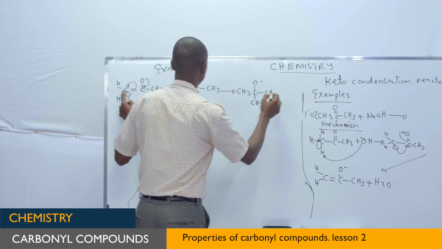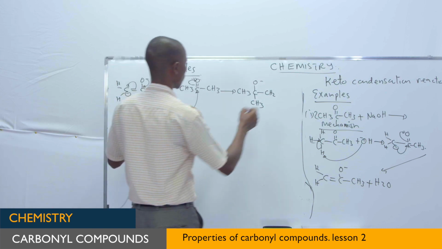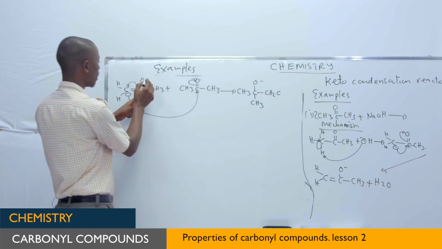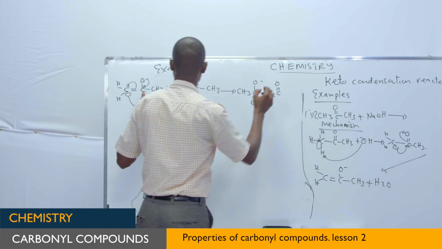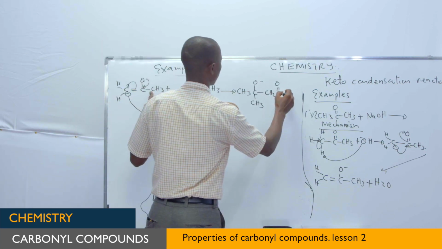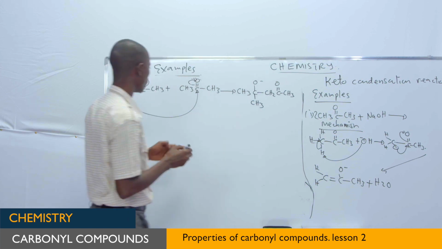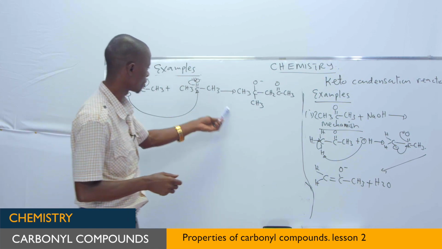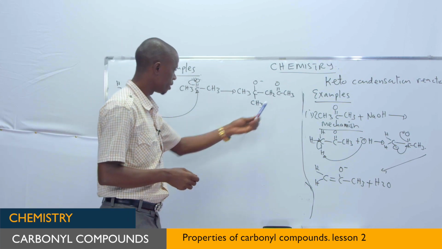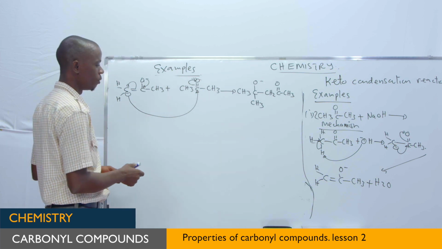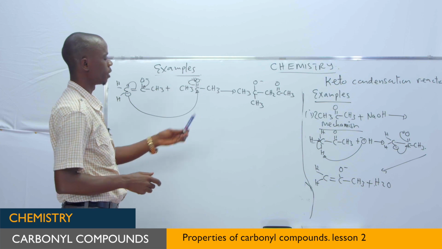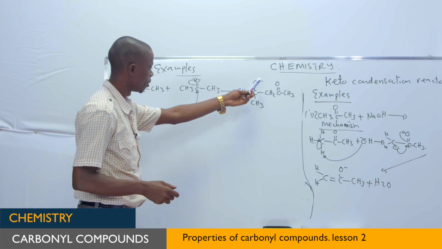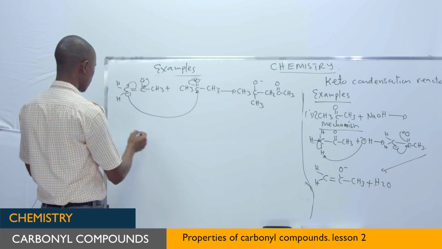The bond is formed there. Then we proceed with this one. When the electron comes back here, a double bond will be formed here. And that compound, you can see the formation of this compound. Now, the water which formed will give the proton here to finalize the reaction.